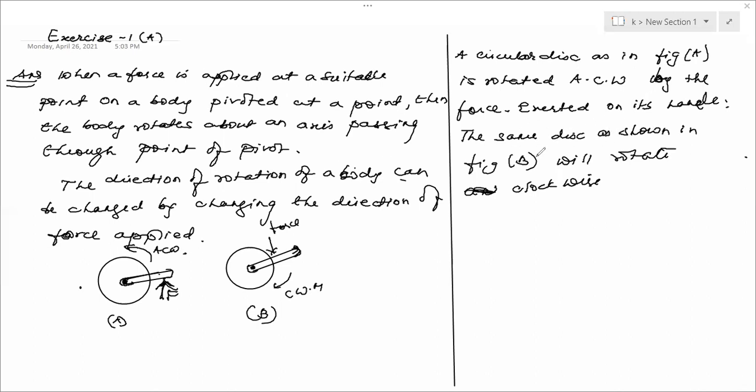The same disc as shown in figure B will rotate clockwise when the same force is exerted on the handle in the opposite direction.